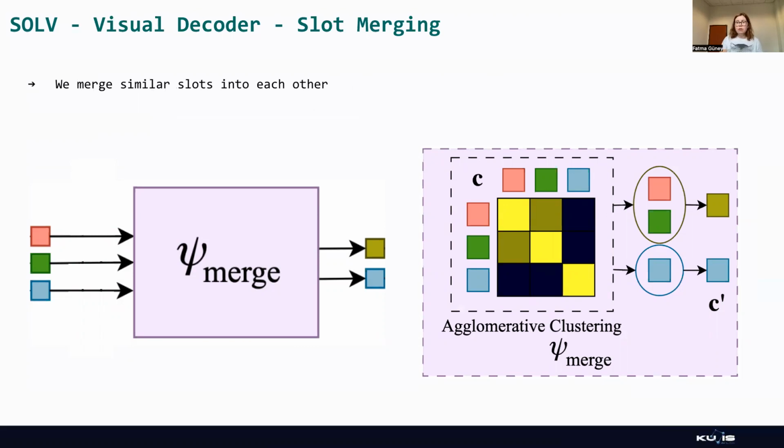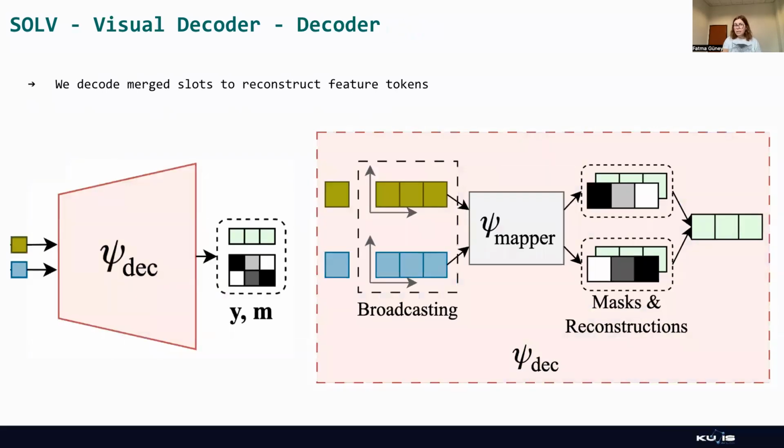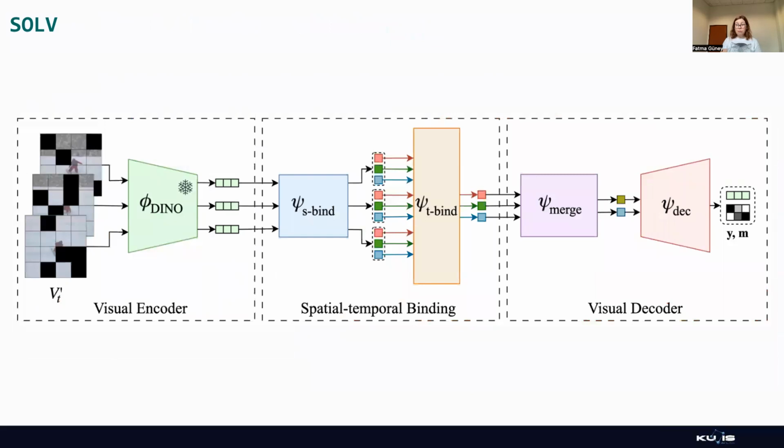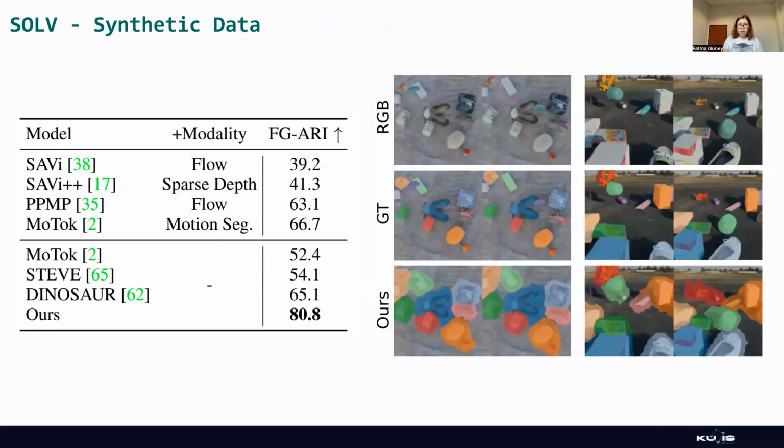Because we don't need to know the number of clusters. We first compute the affinity matrix between all slots based on cosine similarity, and then use this affinity matrix to cluster slots into groups. Finally, we decode the merged slots to segmentation masks. Specifically, we use an MLP-based spatial broadcast decoder. Overall, our pipeline looks like this.